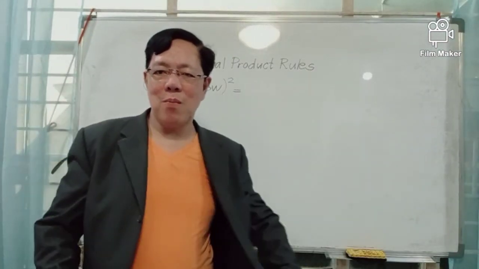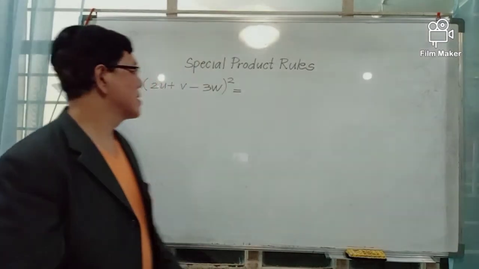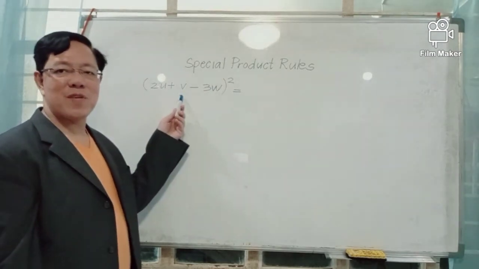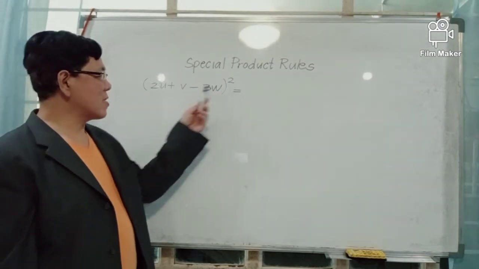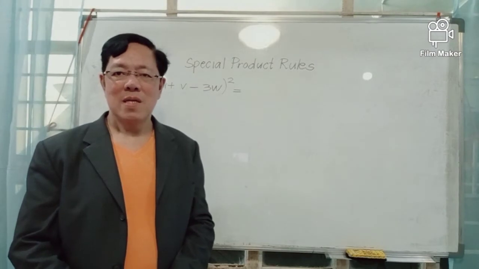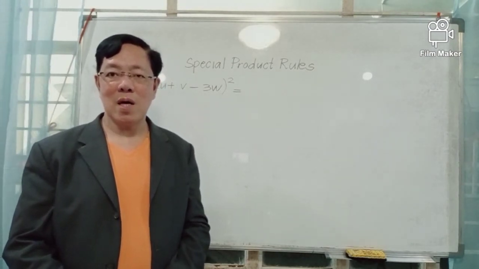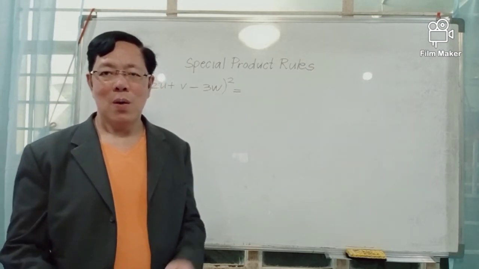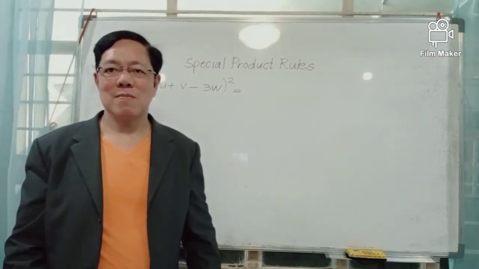We take another example for applying the third special product rule. The given is the square of 2u plus v minus 3w. The given is the square of a trinomial, but we only have special product rules for the square of a binomial, where we have addition between the two terms or we have subtraction between the two terms.